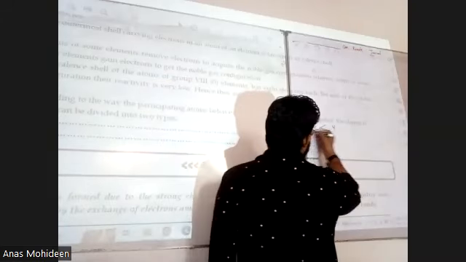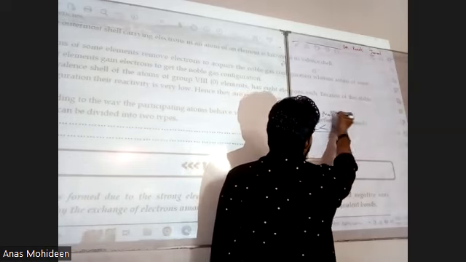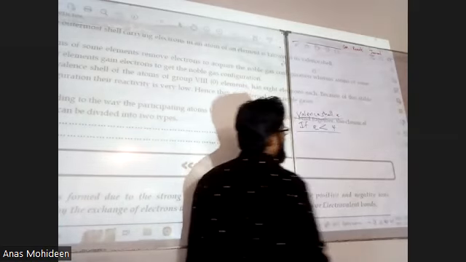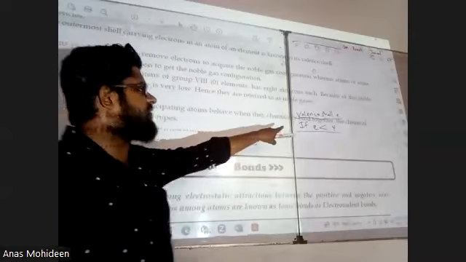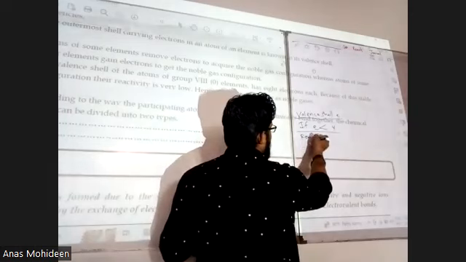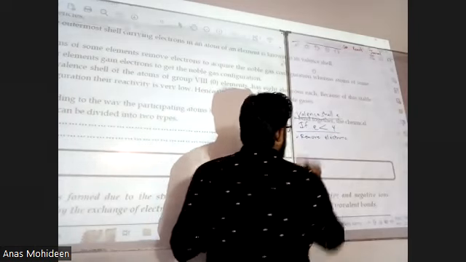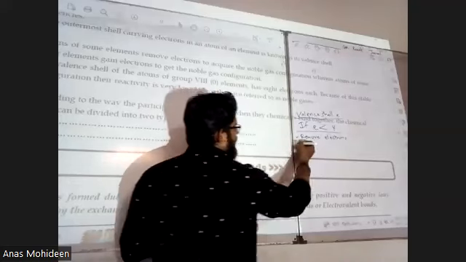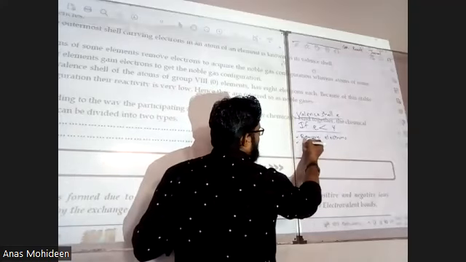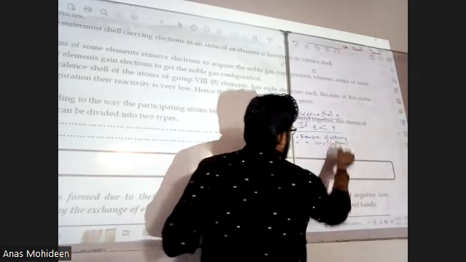We are concerned with the valence shell electrons. If electrons are less than 2, they remove electrons. When they remove electrons, what ion do they make? Positive ions, or cations.